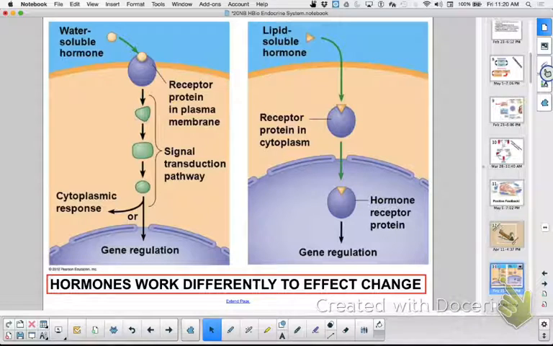The hormone is the first messenger. Whatever it triggers on the inside, or if it lets something like calcium come in, that's called the second messenger. So peptide hormones are water soluble, and they work with second messengers.